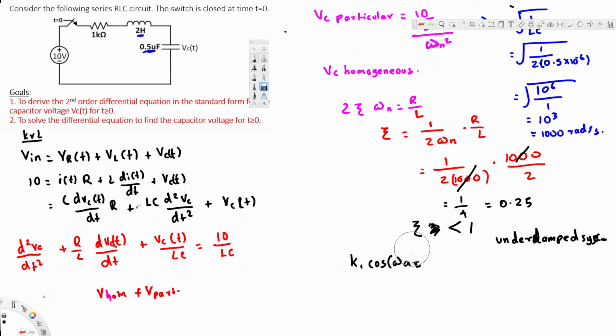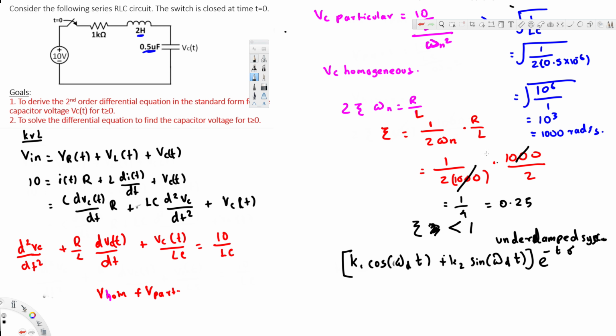Omega d should be a subscript. And then k2 sine omega d t, all together times e to the power negative t times sigma. So this is the general solution for this homogeneous differential equation when we have an underdamped system.